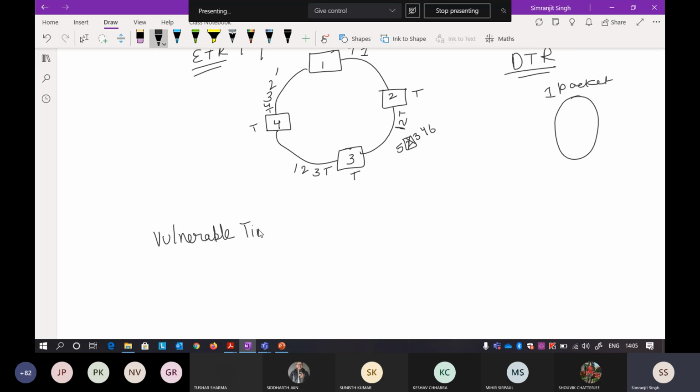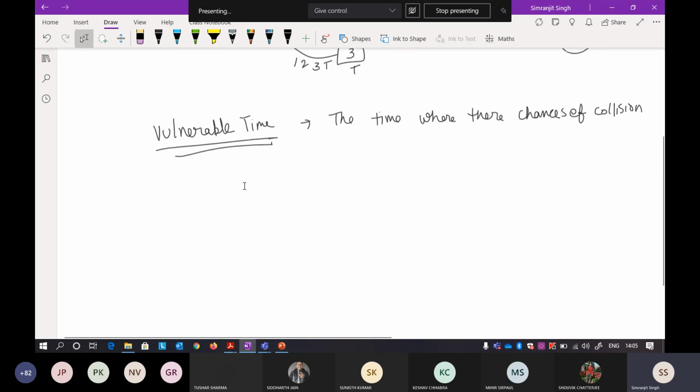Vulnerable time. Okay, so this is the time where your collision is possible, where there are chances of collisions. Now if you see the timeline here, suppose this is the timeline, and at any particular amount of time, one station tries to transmit the data.